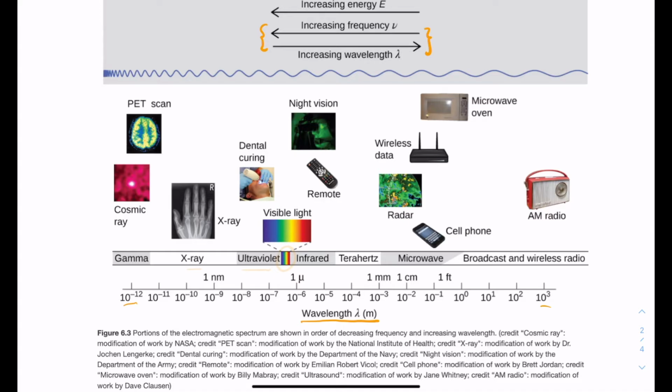As we start moving to the left, things that we'll encounter, microwave ovens have a slightly shorter wavelength. Now, you wouldn't put yourself in a microwave. But other than being inside one, being outside and exposed to microwaves in general is not considered a bad thing.